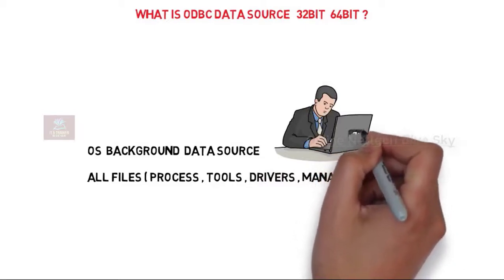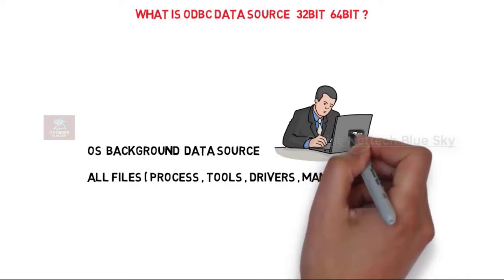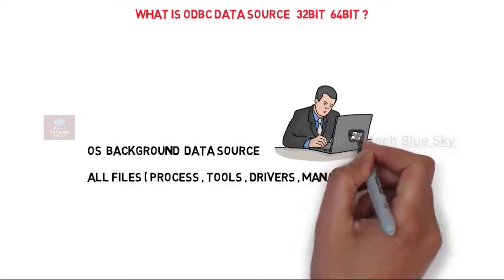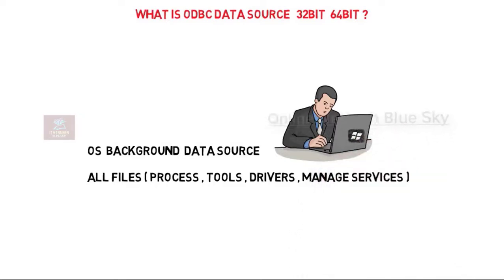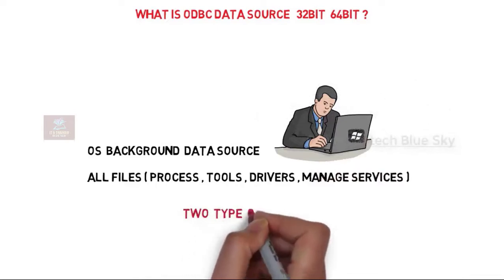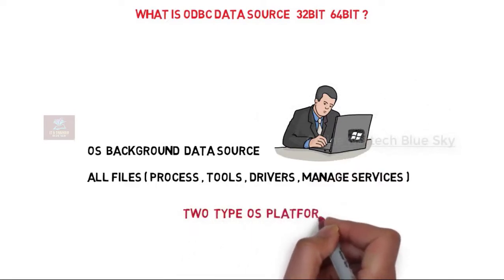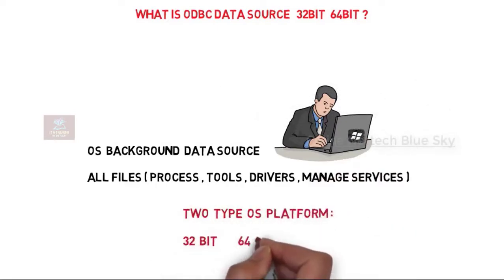So first I am talking only about Windows operating systems. Windows 7, Windows 8, Windows 8.1, Windows 10, everything has these types of tools. These work on two OS platforms, 32-bit and 64-bit.